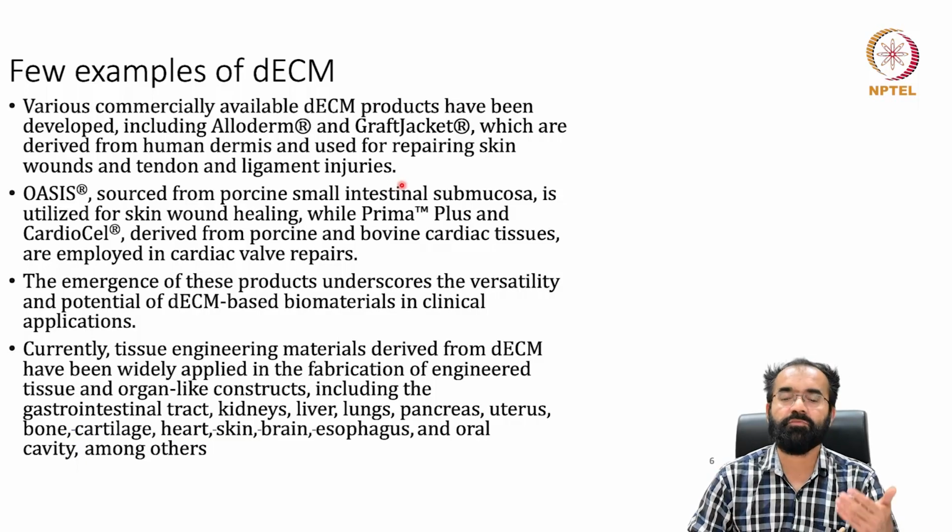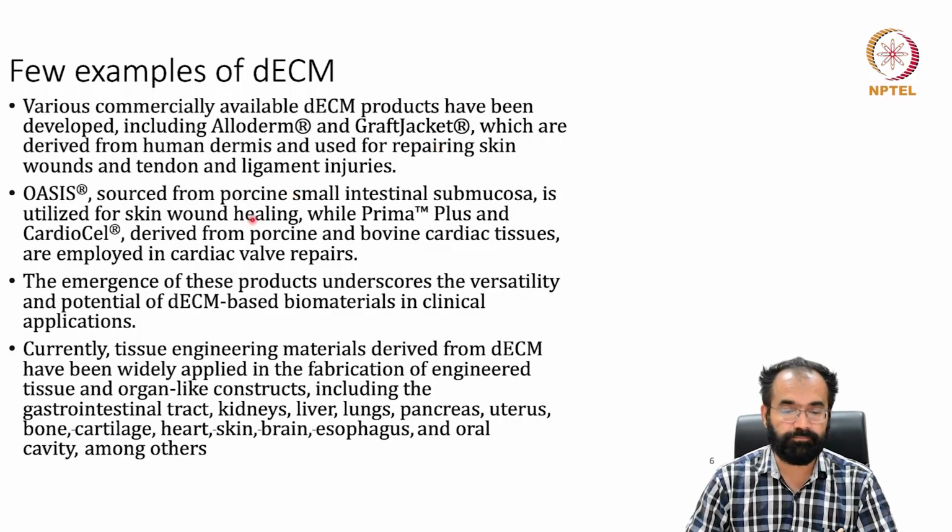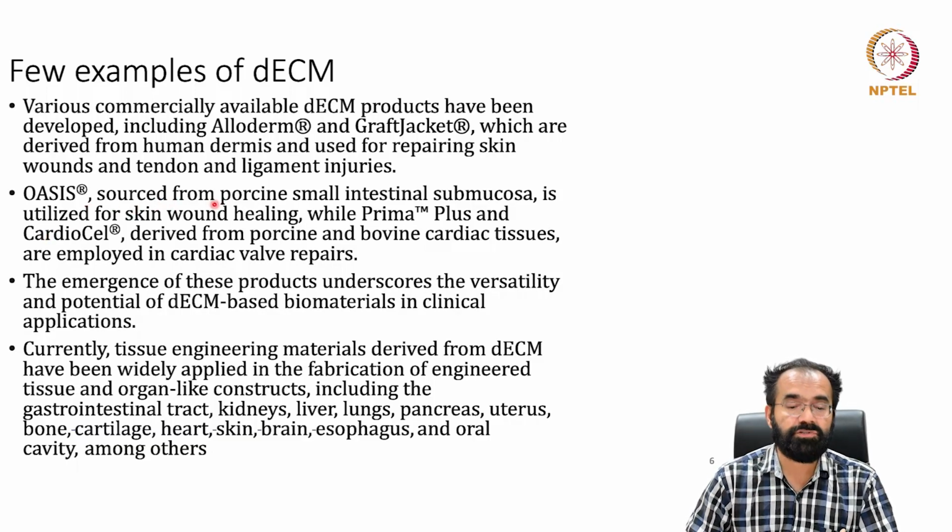So these are all very easily doable things. That is why Alloderm, GraftJacket, etc. have come into the picture. They are also used for several other wounds of the tendon, ligament, etc., which a sportsperson normally gets. Another company, Oasis, sourced from porcine small intestinal submucosa, is utilized for skin wound healing.